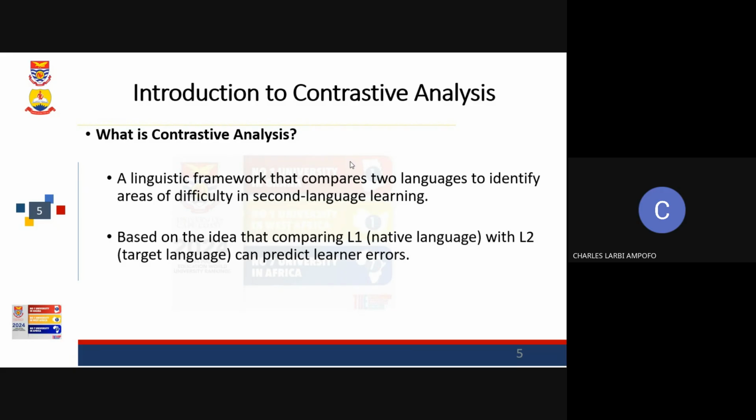Okay, so for example, let's use what we are teaching, English, which is a second language. We are teaching English as a second language to our students. If you are teaching English as a second language to our students, this is what contrastive analysis says, that you must compare English language to that of the language of our learners.